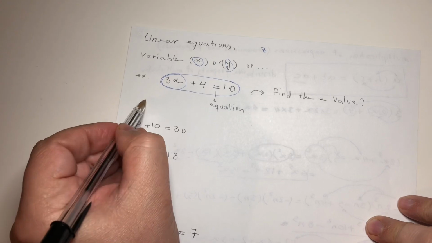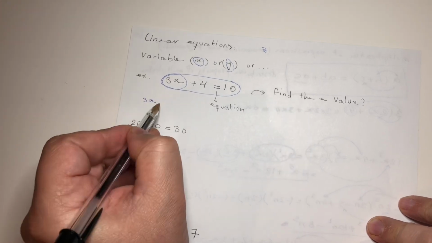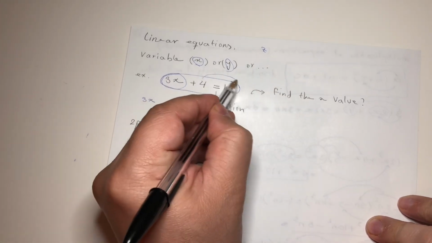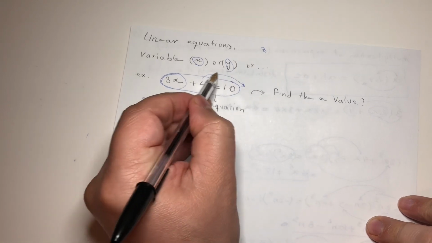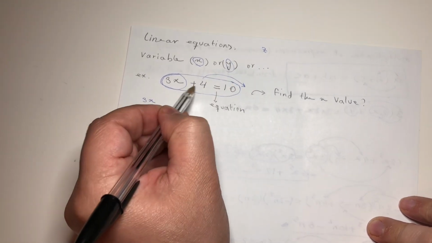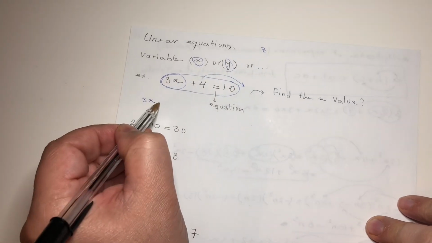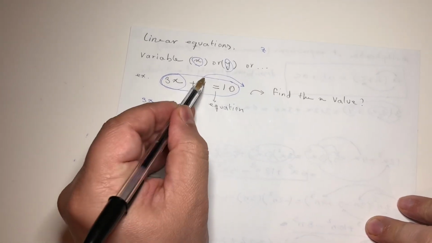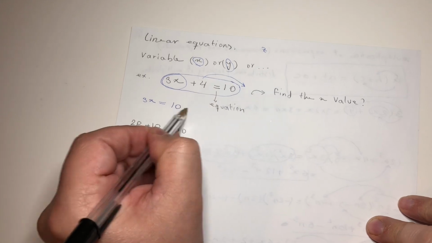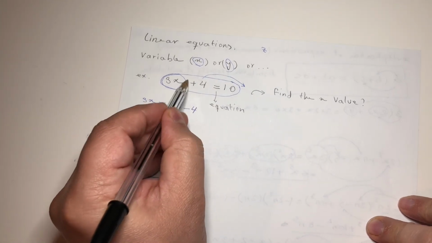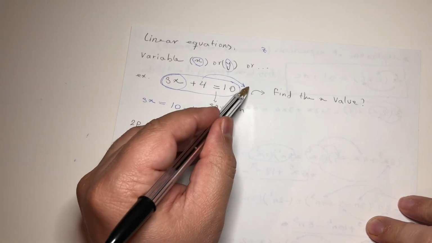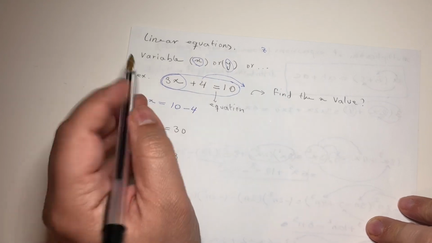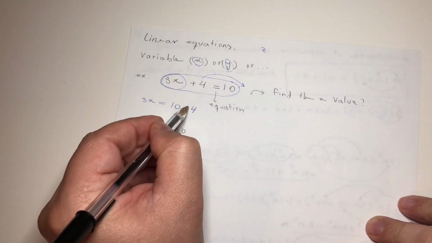So I keep 3x here. Okay, I move this 4 to the other side. Because 4 is going to the other side of the equation, its sign will change. So it will be 3x equals 10 at the other side. I brought 4 to the other side, so it would be minus 4. Here it was plus 4, but because I took it to the other side of the equation, its sign changed to minus.